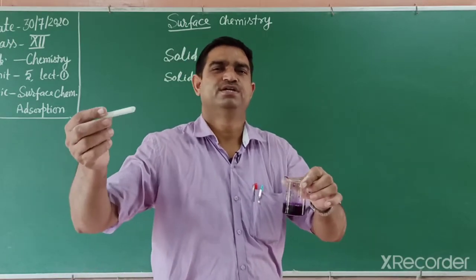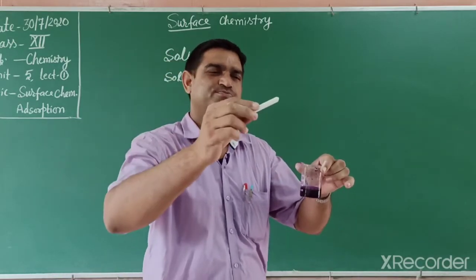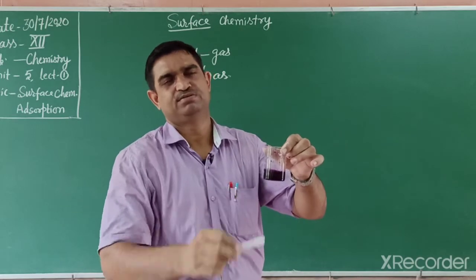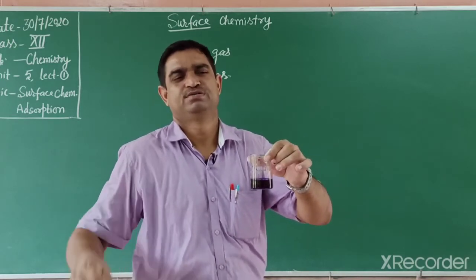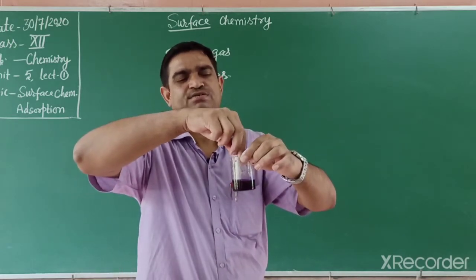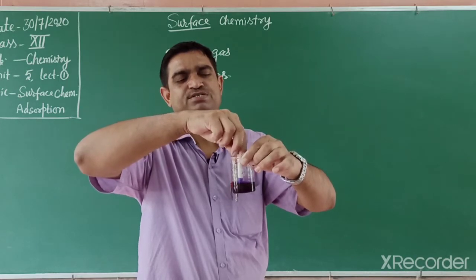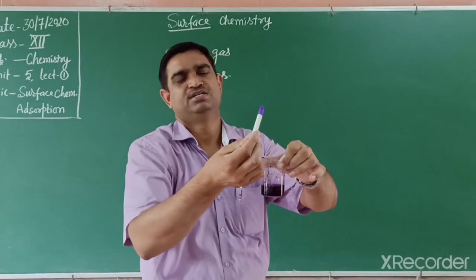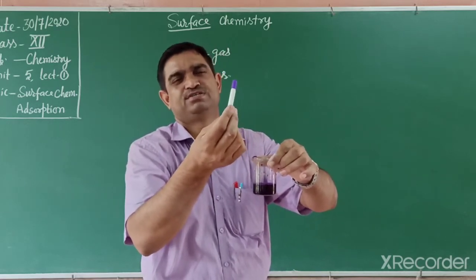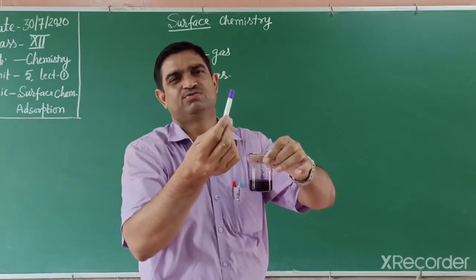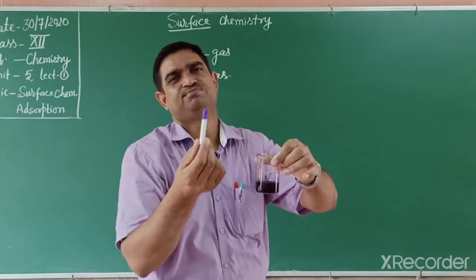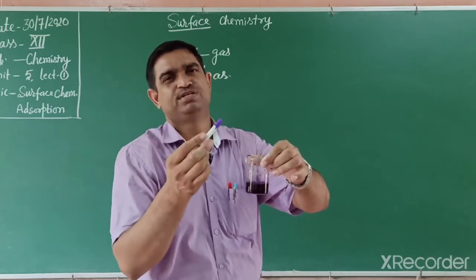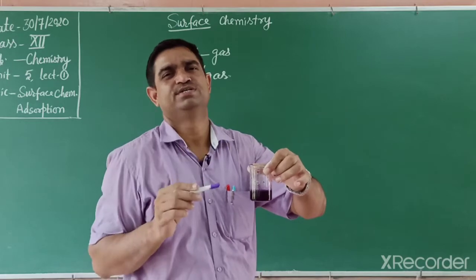Students, when I dip this chalk piece in this blue ink, you can see the ink adsorbs on the surface. The chemical reaction occurring on the surface is known as a surface phenomenon.